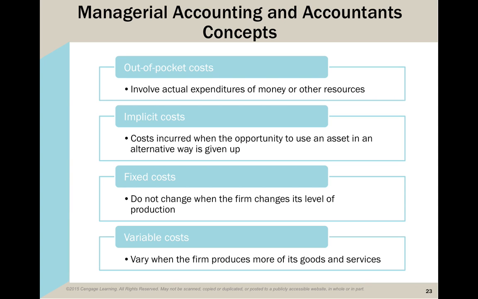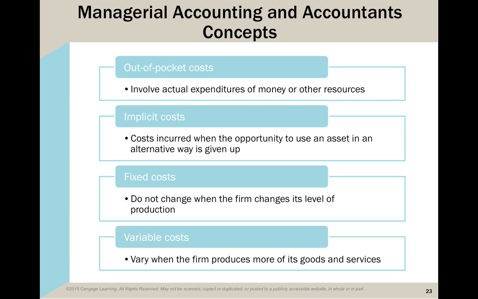So, managerial accounting and accountants' concepts. We look at, under managerial accounting, out-of-pocket costs. So these are actual expenditures of money or other resources that are needed for a particular project.